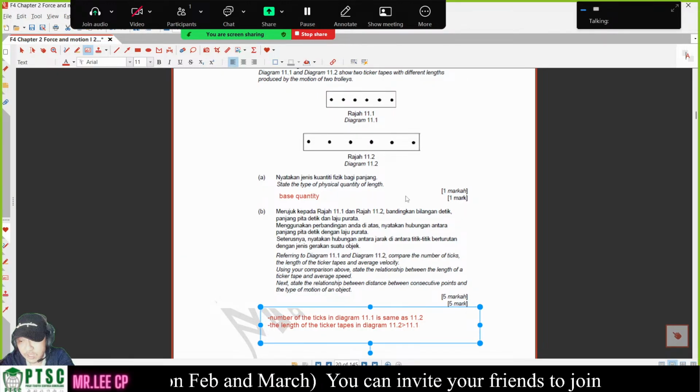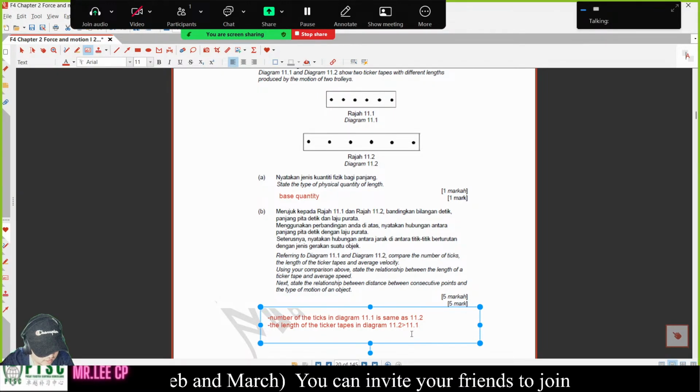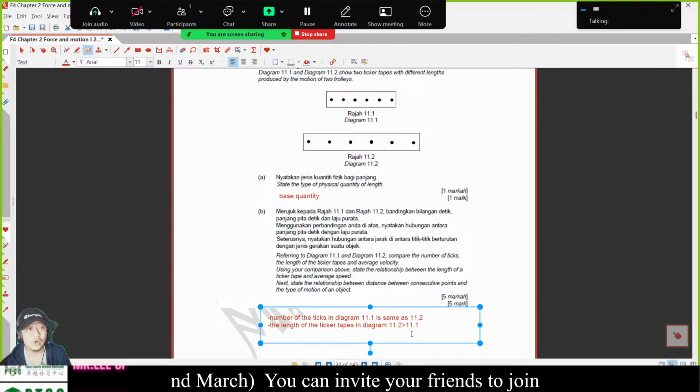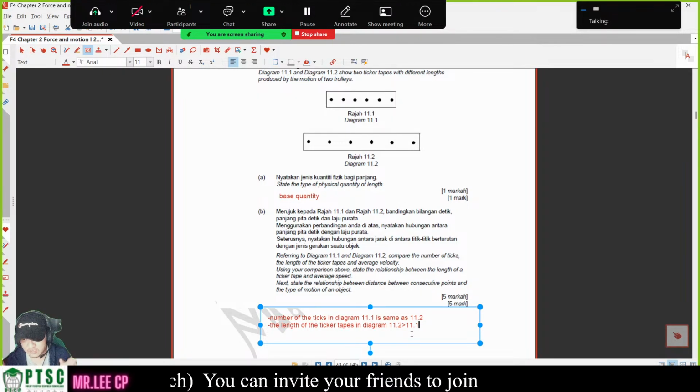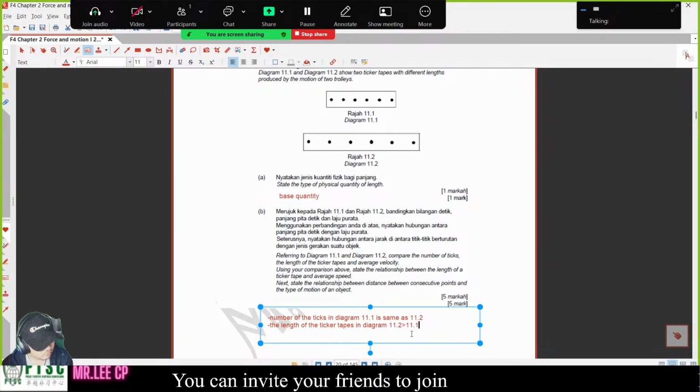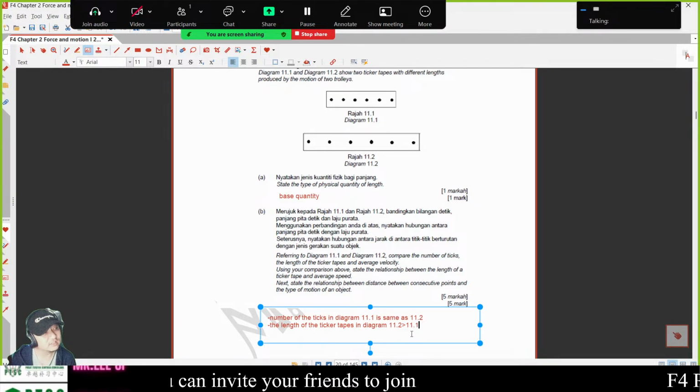You can write it this way, and if you want to write in full, also can: the length of the ticker tape in diagram 11.2 is greater or longer than 11.1. Okay, one.